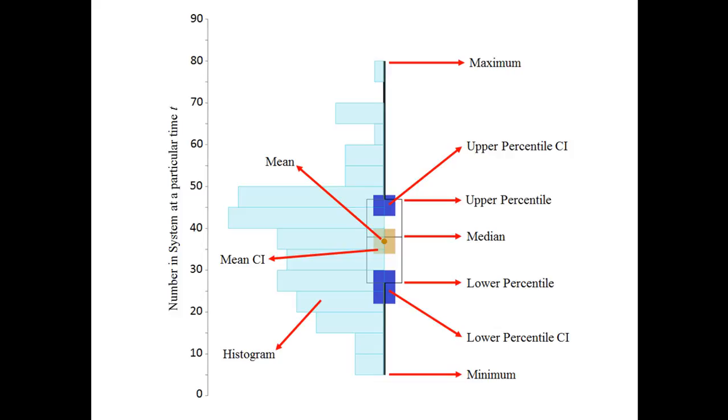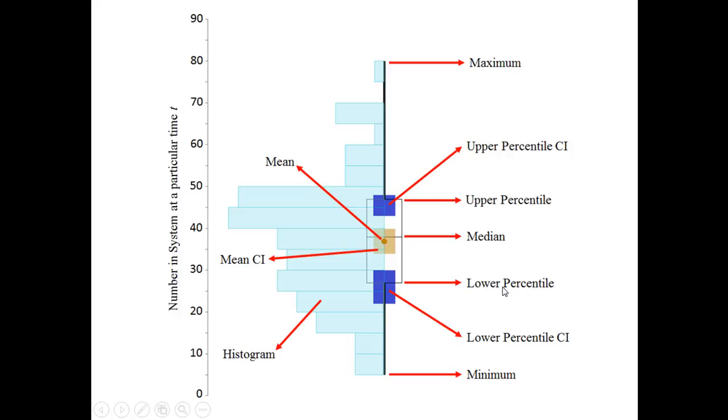So when you think about the sample mean, it is a good single point estimate of the expected long-run performance, but it really doesn't provide any information about the distribution of the possible outcomes of our performance measure. But when you think about the percentiles, they give us some information about the variability and the likelihoods of possible outcomes of our performance measure.